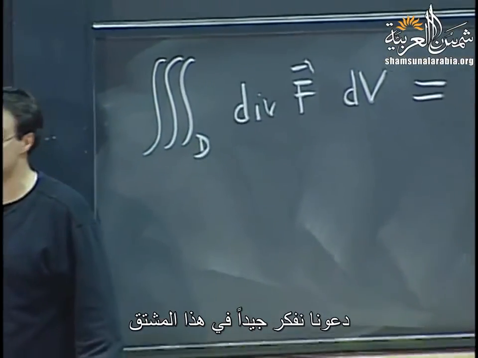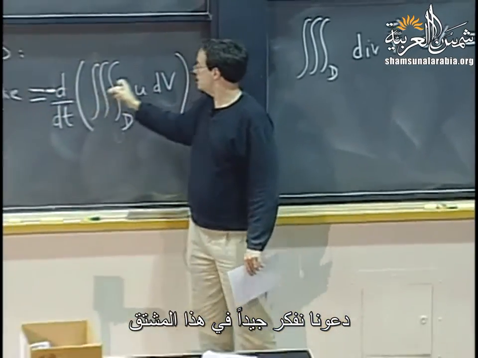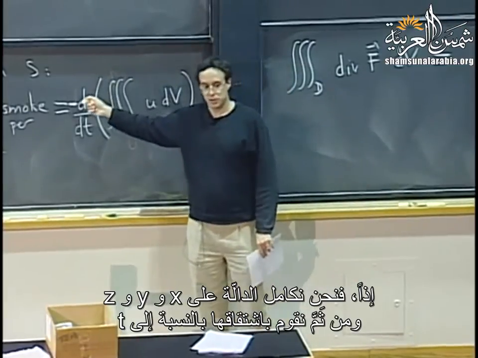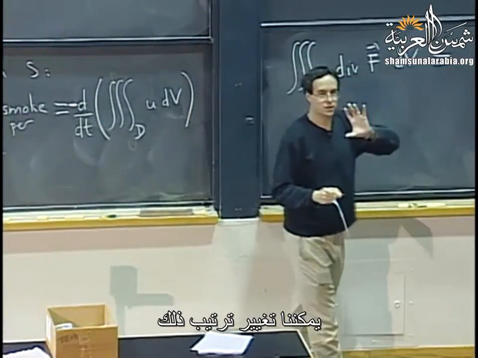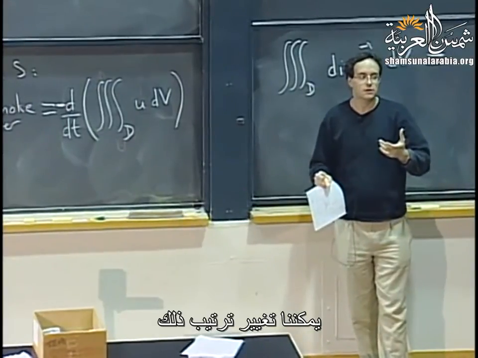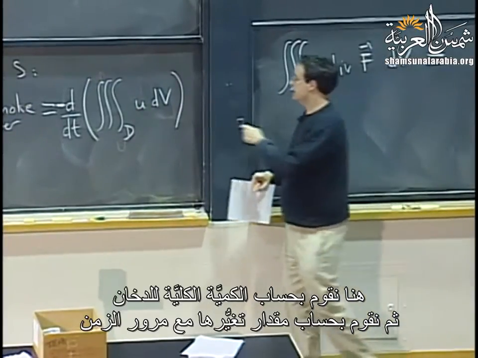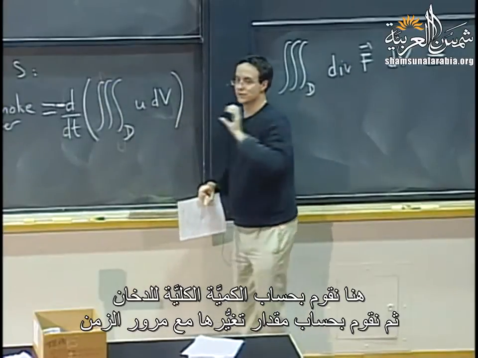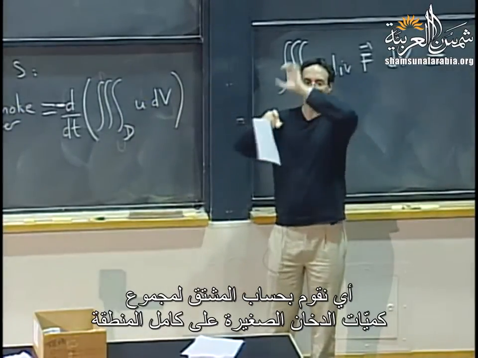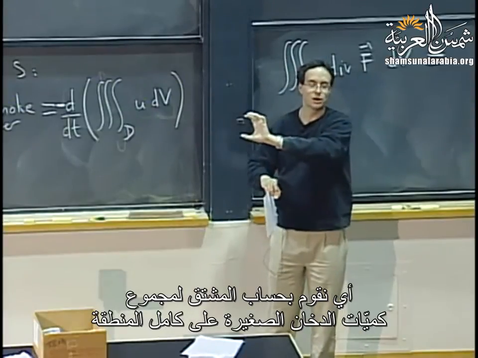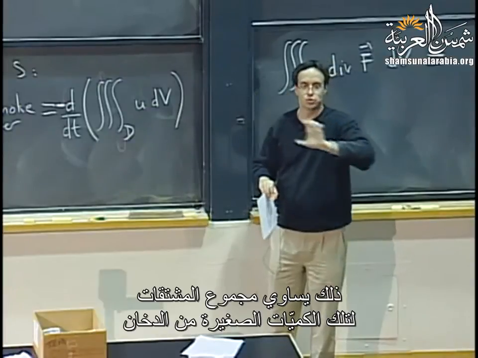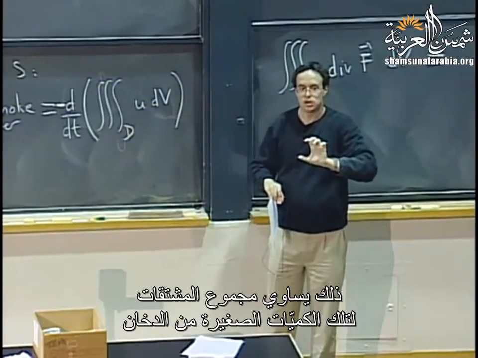Well, let's think a bit about this derivative. So see, you're integrating a function over x, y, and z, and then you're differentiating with respect to t. I claim that you can actually switch the order in which you do things. One way to think about it is, here you're taking the total amount of smoke and then seeing how that changes over time. So you're taking the derivative of the sum of all the small amounts of smoke everywhere. Well, that will be the sum of the derivatives of the amount of smoke inside each little box.